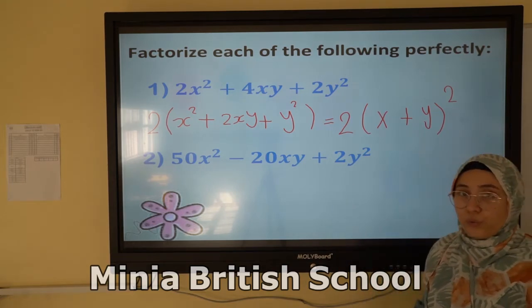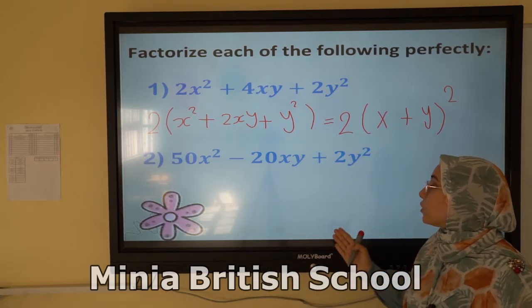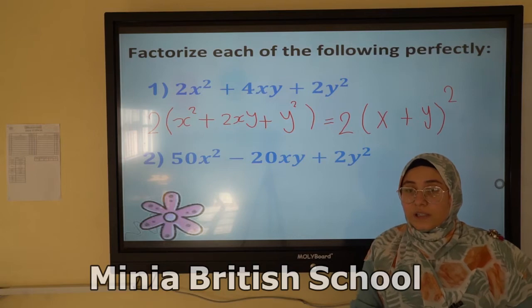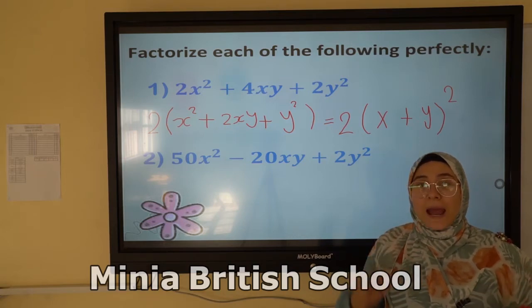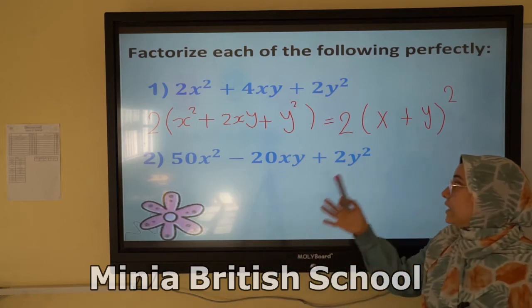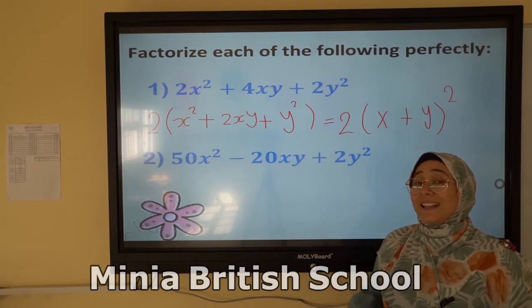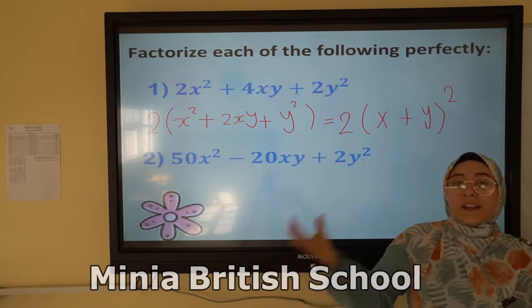Again, in number 2, 50x power 2 minus 20xy plus 2y power 2. First step, you must check if you have a common factor, okay? 50, 20, 2, all of them even numbers. Then you can take 2 as the highest common factor outside.